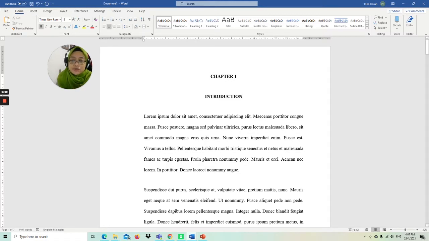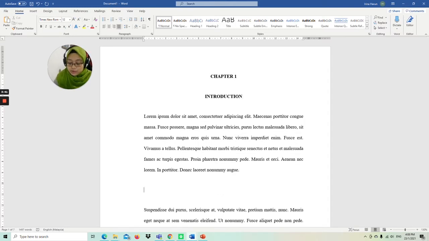Personally, before you go directly to 1.1, because this is an introduction, give some introduction about your topic, a very general one, whether it's an issue or a background, it totally depends on you. So the first paragraph is a little bit of introduction about your topic, and then you go to 1.1.